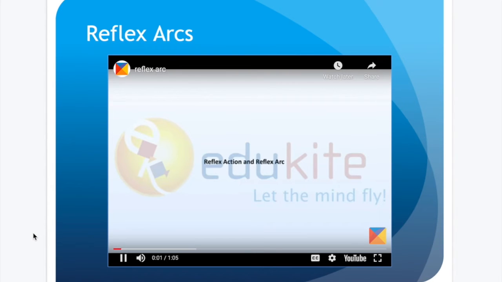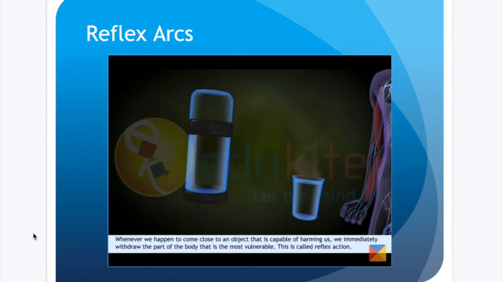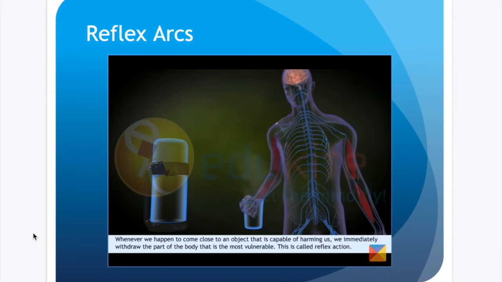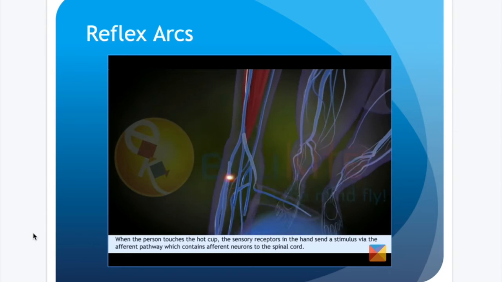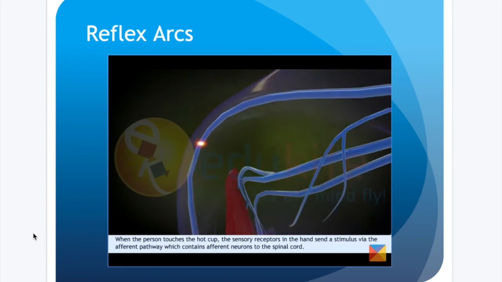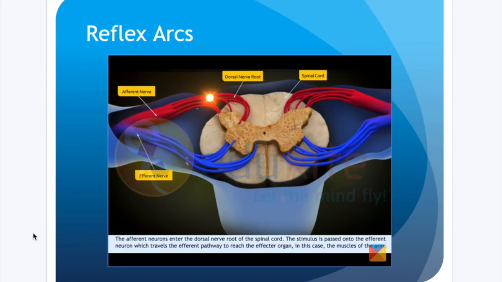Reflex action and reflex arc. Whenever we happen to come close to an object that is capable of harming us, we immediately withdraw the part of the body that is the most vulnerable. This is called reflex action. When a person touches a hot cup, the sensory receptors in the hand send a stimulus via the afferent pathway, which contains afferent neurons, to the spinal cord. The afferent neurons enter the dorsal nerve root of the spinal cord.